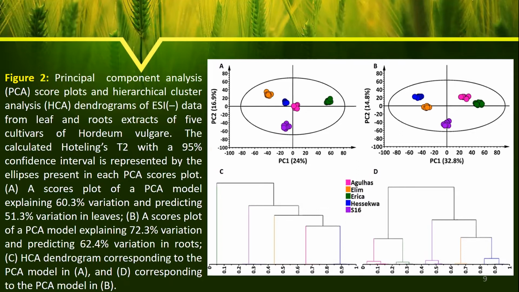The PCA scores plots showed clear sample grouping with distinct differences between extracts from leaves and roots, indicating cultivar-specific variations as well as tissue-specific differences. In addition to PCA, HCA displayed the same pattern observed in the corresponding PCA, and more defined subclustering was underlined.